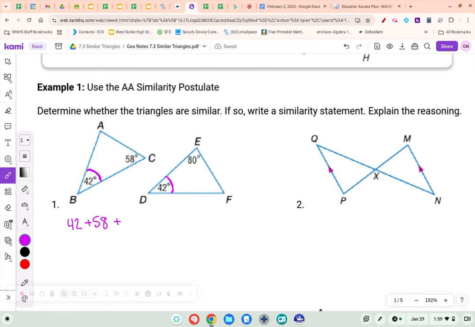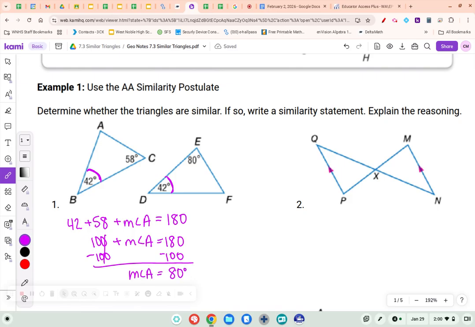So I'm going to go with finding the measure of angle A. So when I add these, I get 100 plus the measure of angle A is 180, which means that the measure of angle A is 80 degrees.